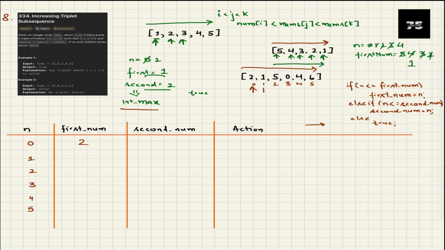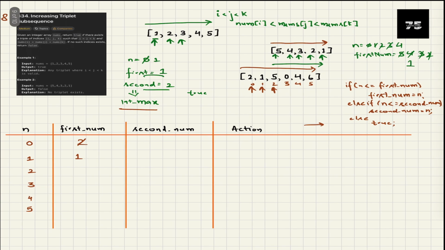Okay, now my n will move, and then we're gonna say, is my 1 less than first num? Yes, it is. So my first num will get updated to 1. Okay, now I will come here. Now my n is 5.